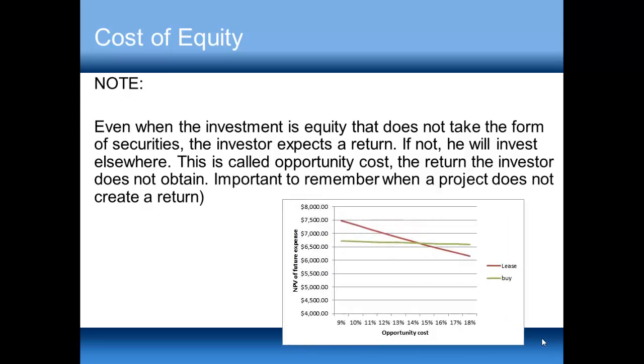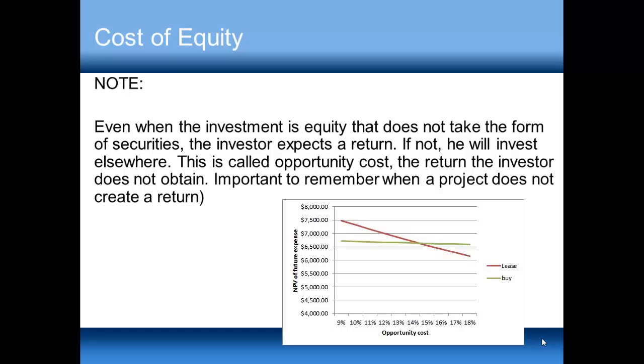Because remember, if you put that money into the photocopier, if it's, let's for example, $6,000, I think that was the amount we were investing. If you put $6,000 into that asset, you don't have that $6,000 to do other types of investment. You would be asking that photocopier to at least give you the same amount of return, the same percentage of return that you would have gotten from another type of investment.